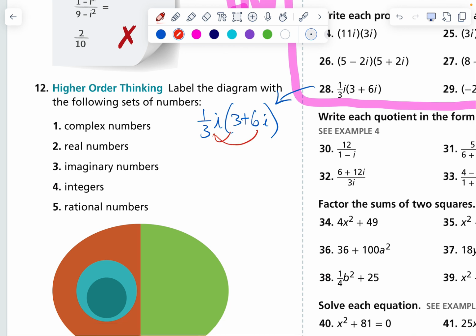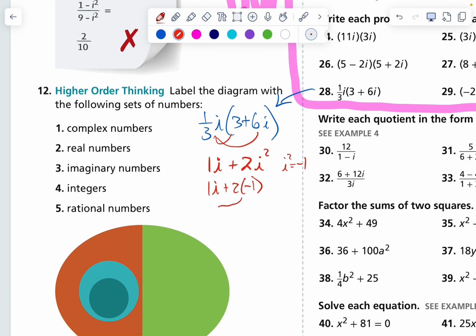And I would do it this way. What is 1/3 of 3? 1. So that first one is 1, and then we have our i tagging along. And then second term, what is 1/3 of 6? 2, so 2, but then we have i squared on that one. And what is i squared again? Yeah, i squared equals -1. So this is 1i plus 2 times -1, which is -2.